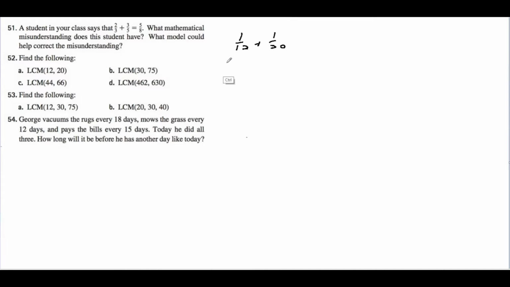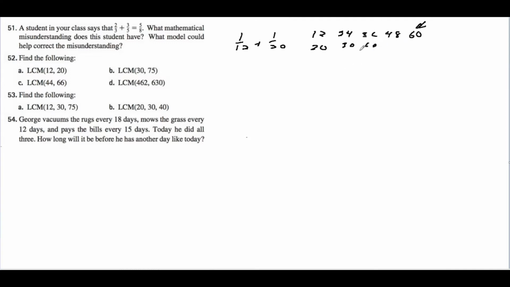So it's the same kind of concept. Now you can do multiples of 12 and 20. You can do that because you want the least one. You could get 12 times 20 will give you a common denominator, a common multiple, but maybe there's one that is lower than that, and there is, because the 60 would be it.